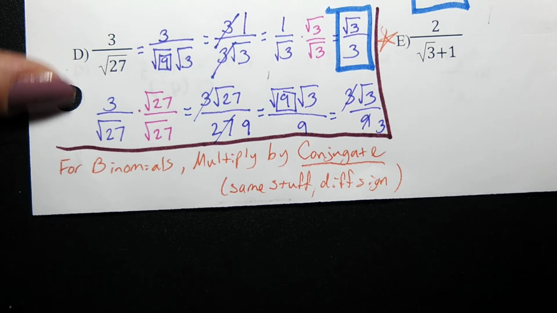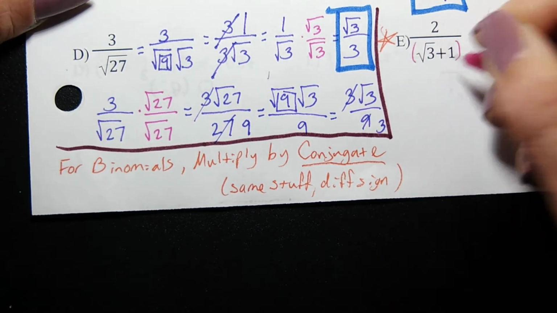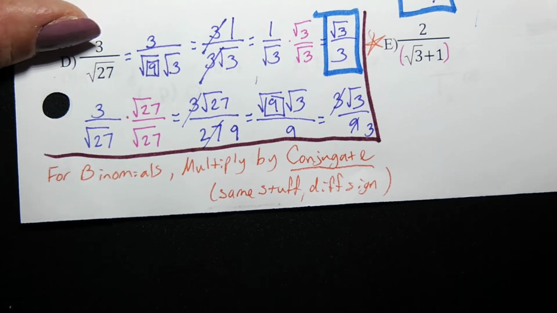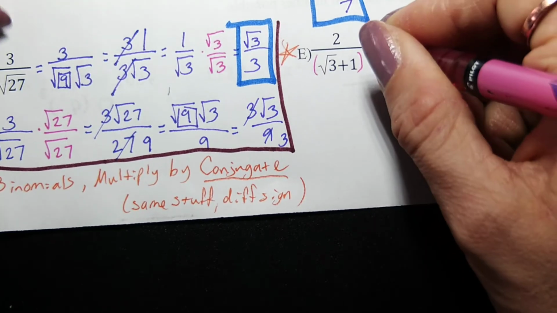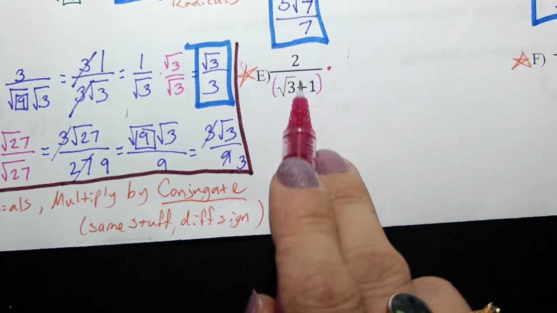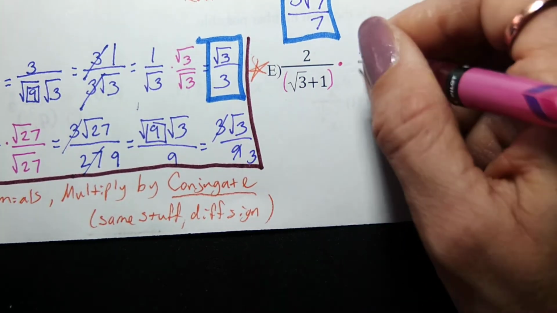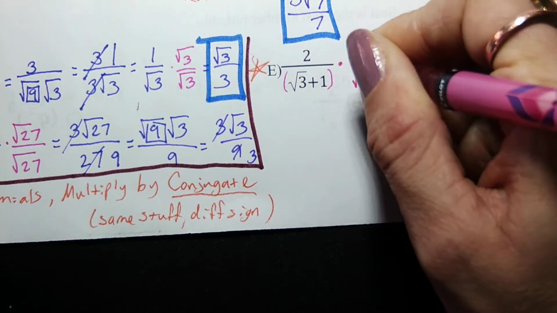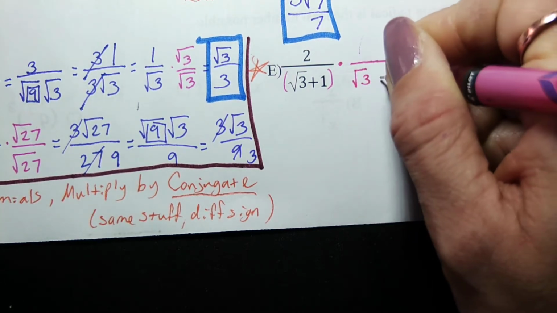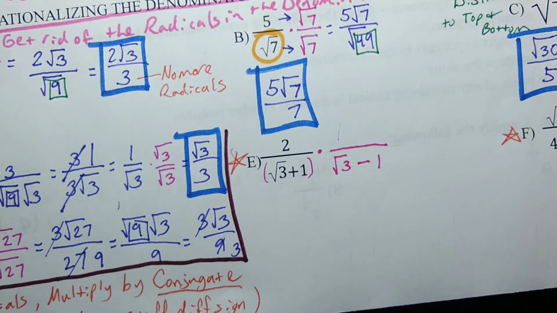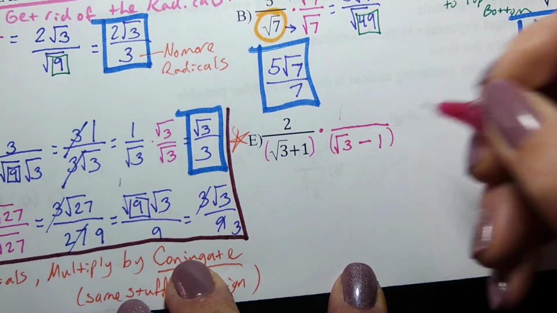So the first thing I'm going to do on problem E, I'm going to trap that binomial in parentheses to make the FOILing a bit more obvious. For my creative form of 1, I am going to use the conjugate of the denominator, which is the same terms, so rad 3 and 1, but with a minus sign instead of a plus sign.